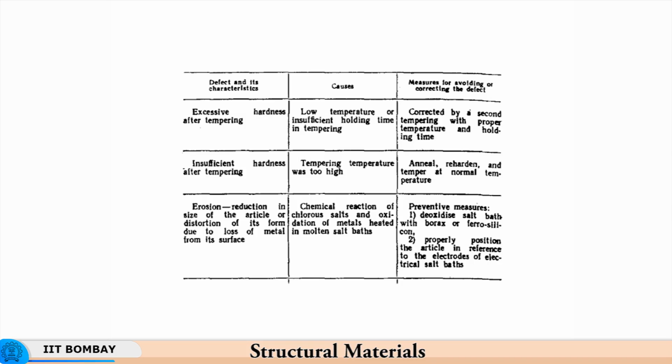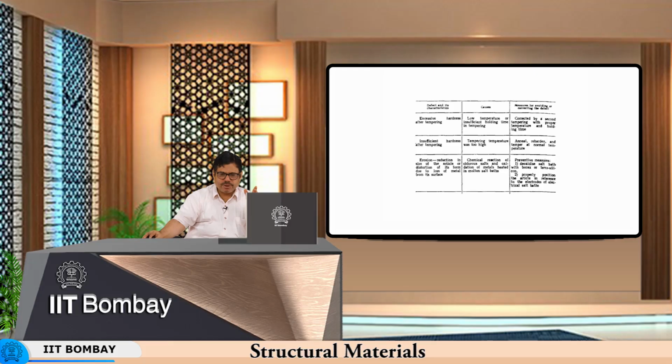And the second thing is you properly position the article in reference to the electrodes of the electrical salt bath. So, that is another issue where the material removal can take place, particularly if the surface becomes too anodic, it will tend to start dissolving and the shrinkage will result.